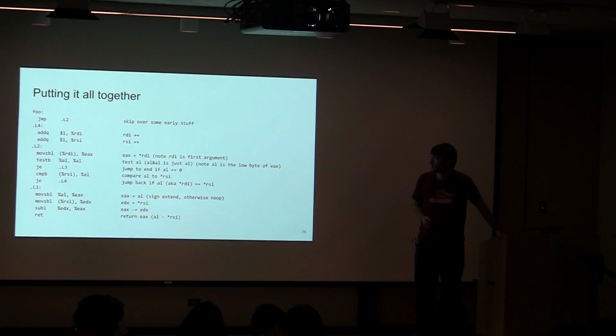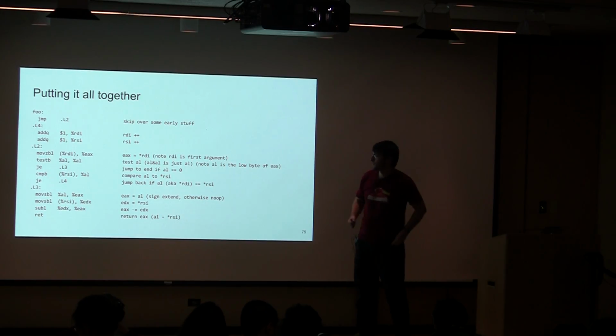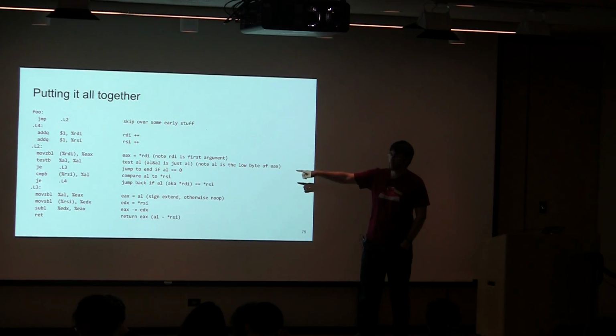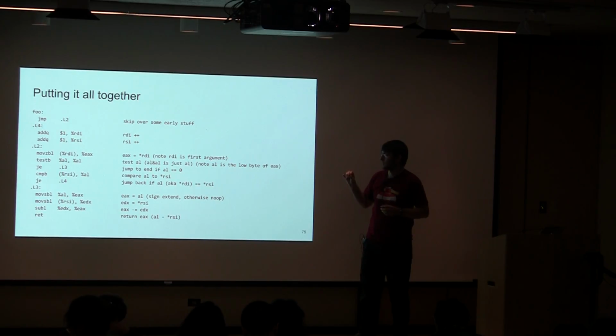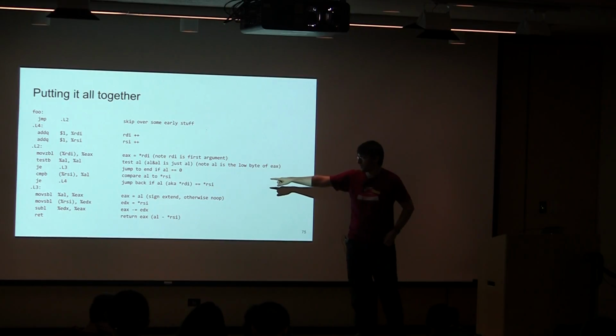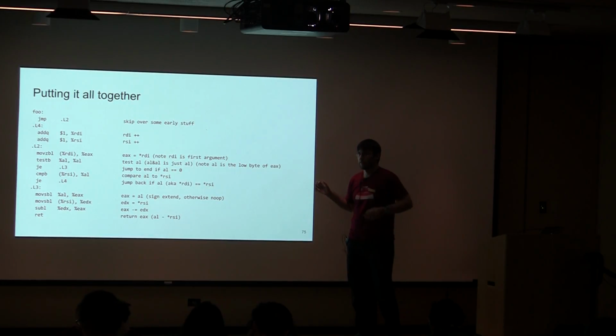Yeah, the MOVZBL and MOVSBL are zero extended and sign extended moves. So the MOVSBL is moving an 8-bit register into a 32-bit register, and the S means extend it with whatever the sign bit was.